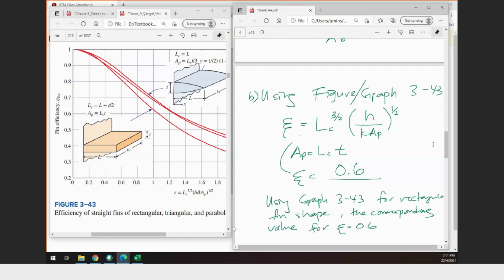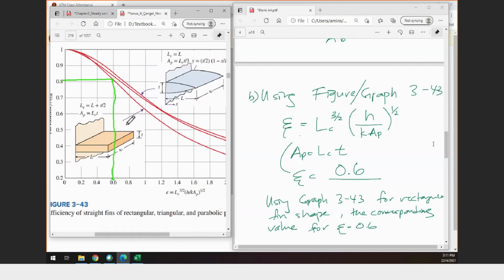So where is 0.6 here? So this is 0.6. You do some estimation. This is quite challenging. Okay, this is the rectangular shape, so the rectangular shape is represented by this trend line. So the value probably, how much can you say, 0.82 or 0.81. I can say probably 0.82.